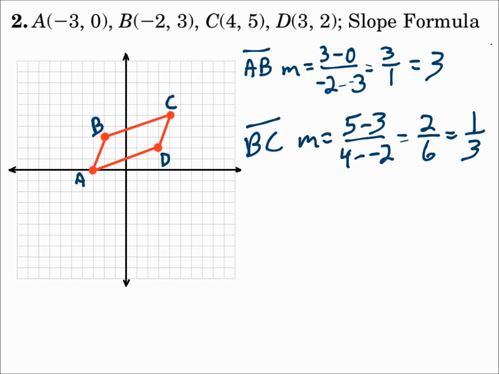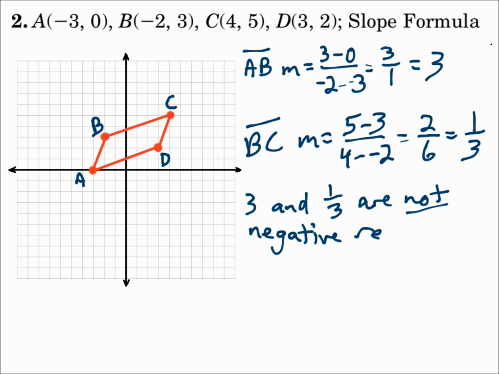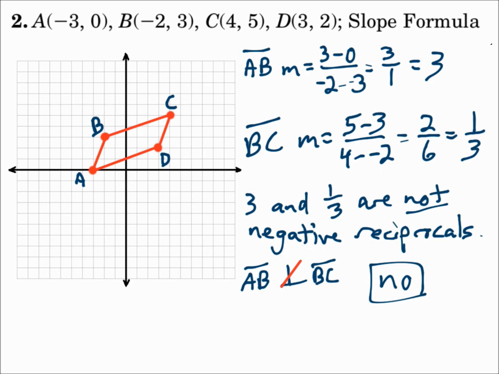So when you find their slopes, you get 3 and 1/3. But 3 and 1/3 are not negative reciprocals. And since they're not negative reciprocals, then those sides are not perpendicular. So no, this is not a rectangle. We don't need to check any of the other sides. We know already that it's not a rectangle.